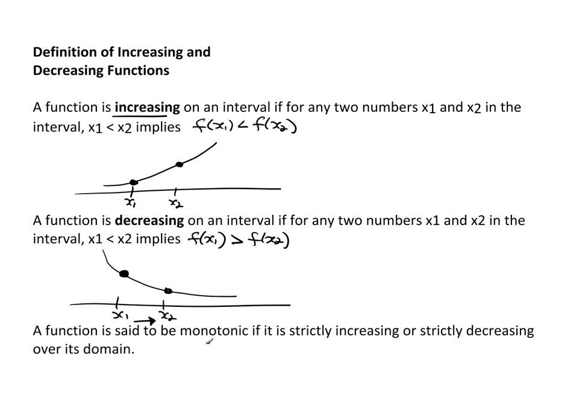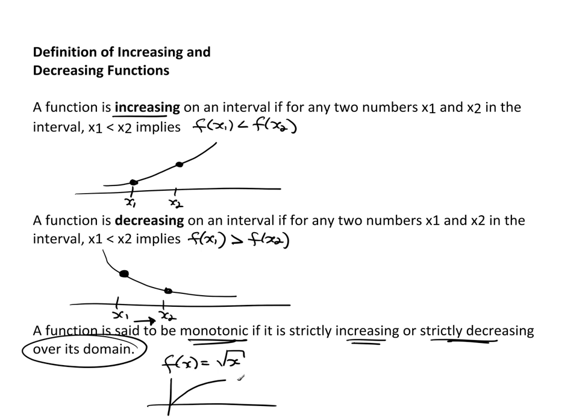Now, a function is said to be monotonic if it's strictly increasing or strictly decreasing over its domain. Quite often we make reference to a specific interval, or we may limit the domain and say that over its limited domain, this particular function may be monotonic, increasing or decreasing. As an example, something like f of x equals the square root of x looks like this.